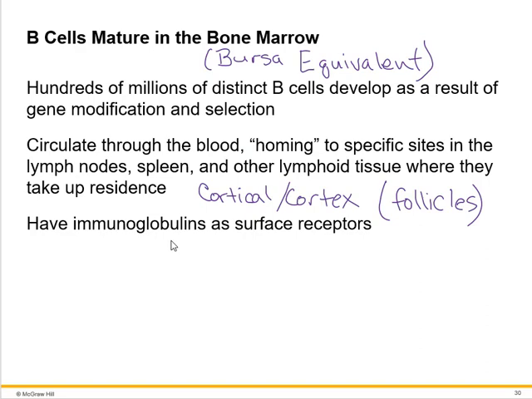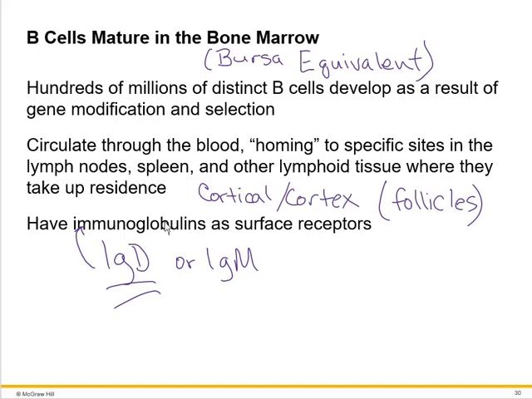So the immunoglobulin IgD is the particular immunoglobulin, but it can be IgM as well, but this is more common as the surface receptors. So those are the specific immunoglobulins.